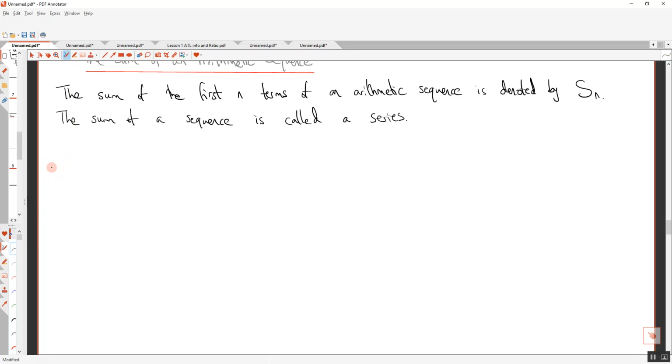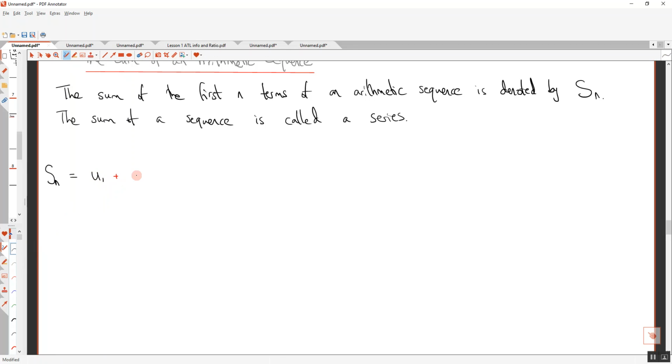Alright, so the sum of the first n terms is equal to, well, we're adding up all the terms, correct? So what's the first term of an arithmetic sequence? U1. Alright, so it's going to be U1. And we're going to add on, what's the second term?